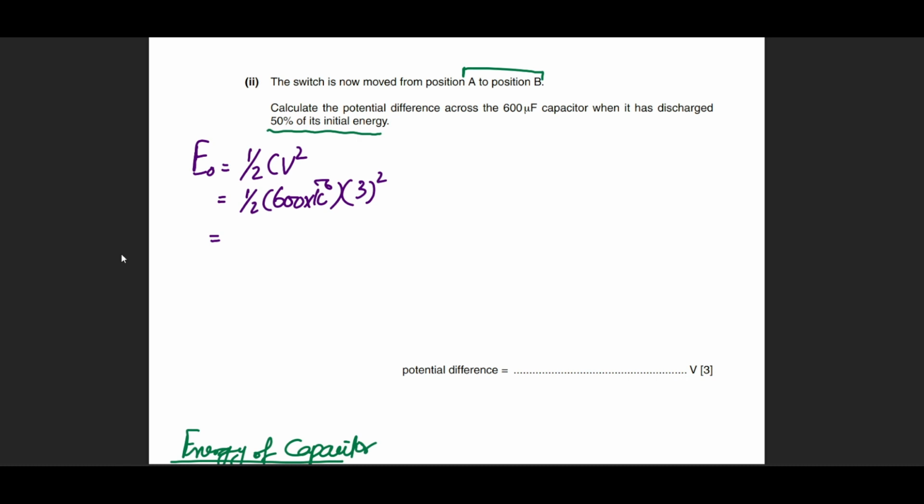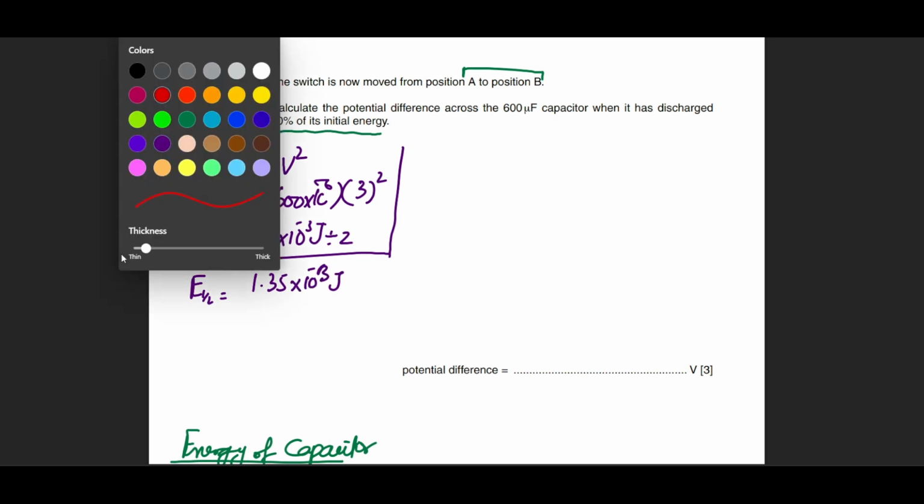The answer comes out as 2.7 millijoules, so this is 2.7 into 10 raised to the power minus 3 joules. Since I want to find the 50% energy, I divide this number by 2, and the half energy comes out as 1.35 into 10 raised to the power minus 3 joules.